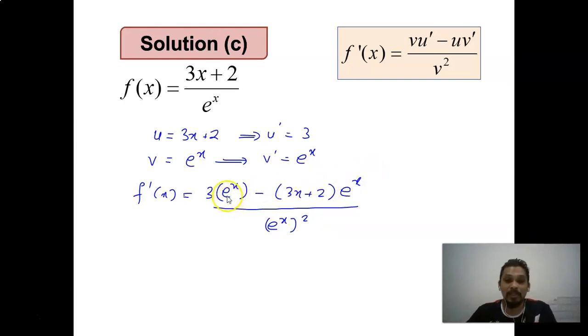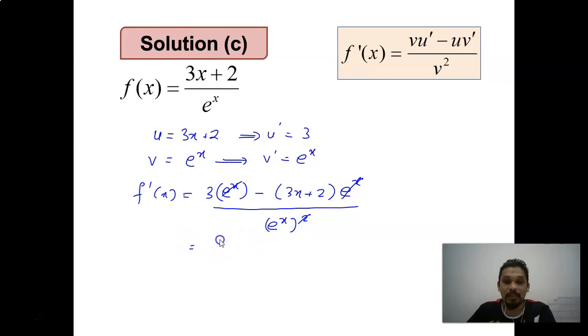Okay, look at this one here now. e to the power of x, e to the power of x, and e to the power of x squared. We may cancel this and this with one of the e to the power of x.